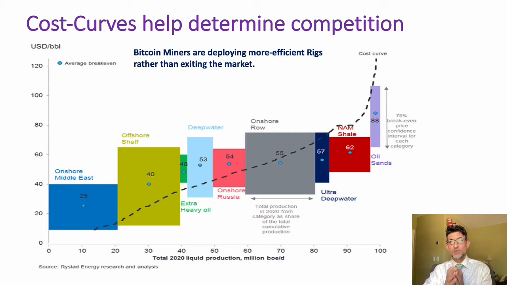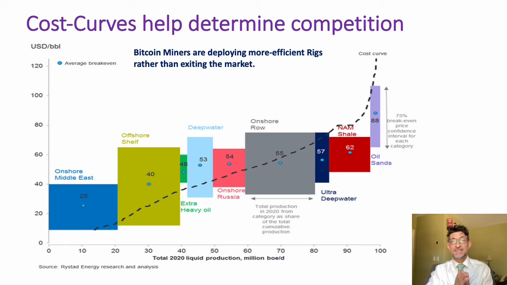And that means that when prices go down in oil, these more expensive companies in energy, like oil sand companies and shale companies, they will exit the industry. And then the more competitive companies will stay there. And so this is good when you see this happening in energy.